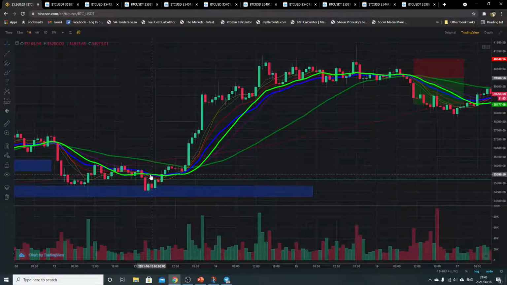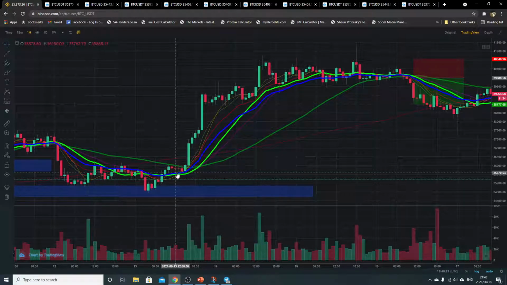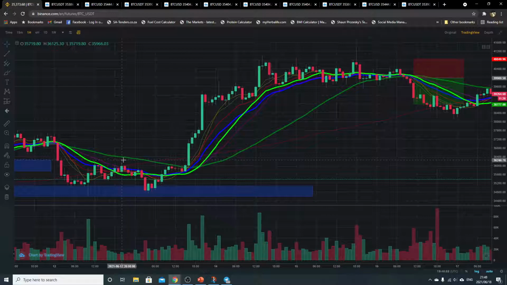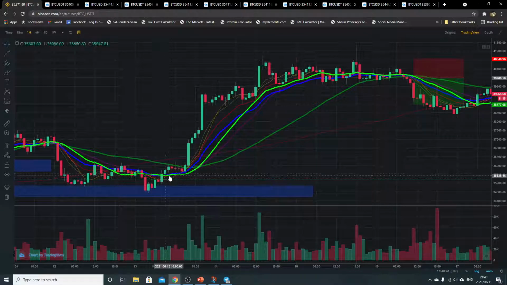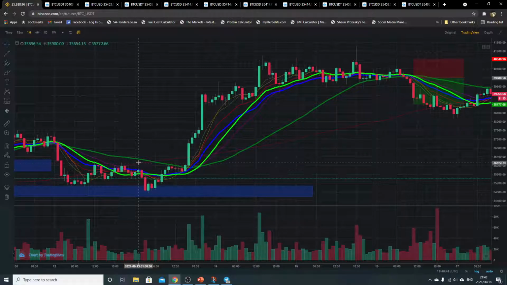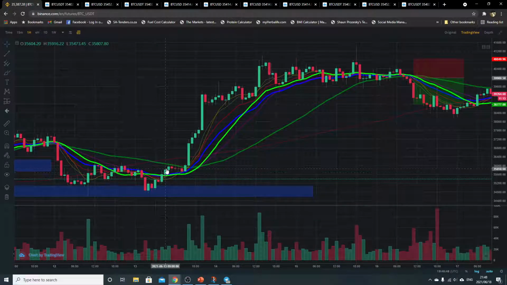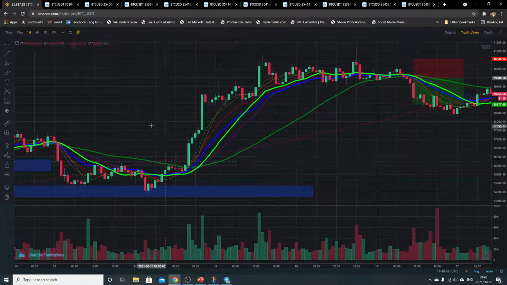Anytime that you see the 20 moving average on the hour chart crossing below the 21 exponential moving average, the EMA, and you see the 50 moving average getting closer and closer, so the gap between the two is getting smaller and smaller, just like what's happening with the death cross and the golden cross.